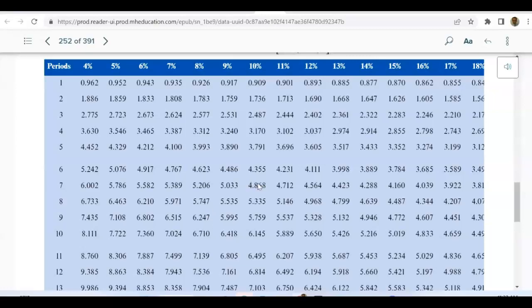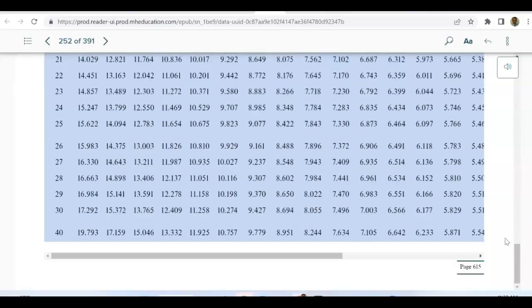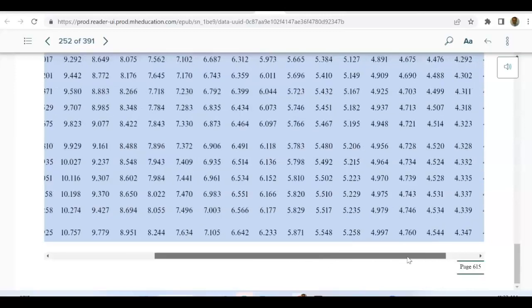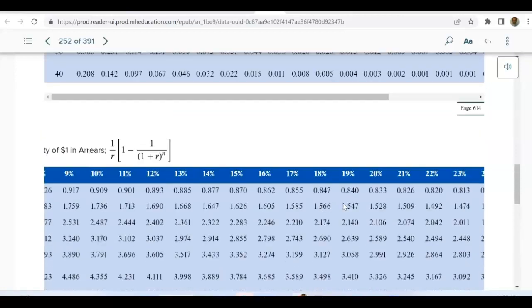The first factor, as I said, you have to try 16, 17, 18, and keep going till you see which one gives you a net present value of 0. So here is 22%, 1, 2, 3, 4, 5, 6. Here, 3.167. That's where it's coming from.